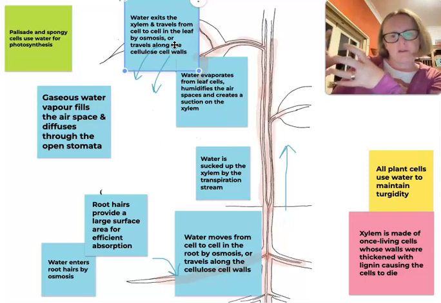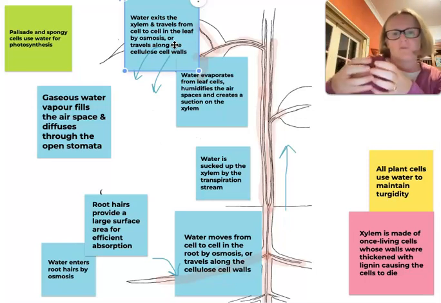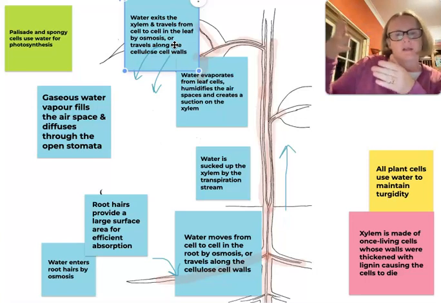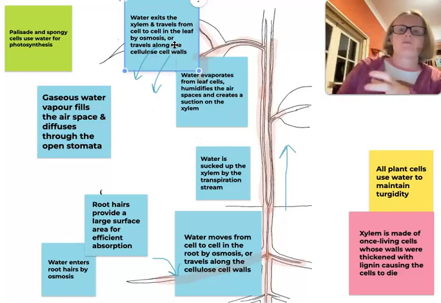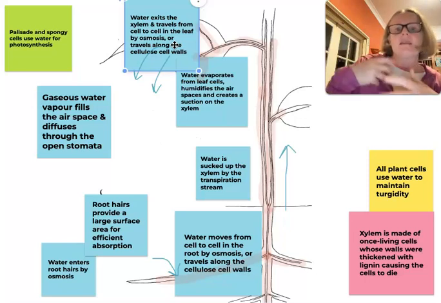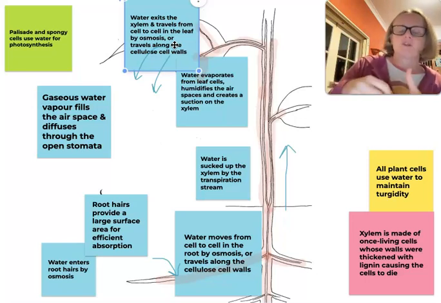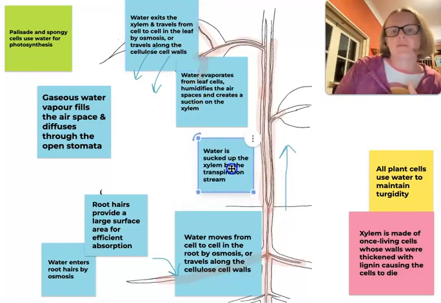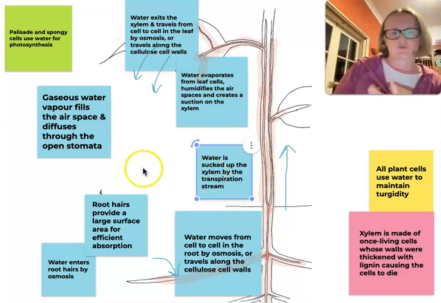And then those cells next to it, they have lost some water, so they get some water from their neighbour. And eventually one of those cells is next to the xylem. And the xylem provides water to that cell. And now we are creating a suction, like sucking on the top of a straw. And that's what is causing the pull up the stem by the transpiration stream.